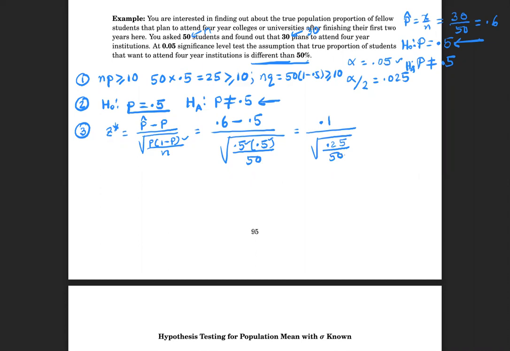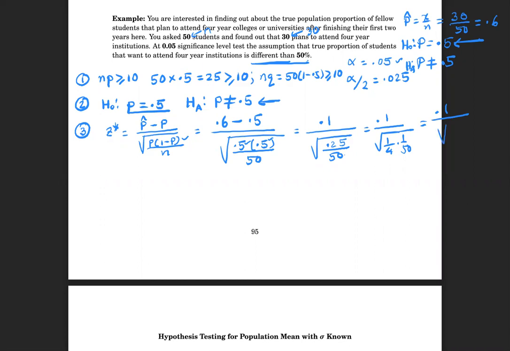Which I can even simplify further. 0.1 divided by the square root of 0.25, which is 1/4, times 1 over 50. You don't have to do it this way. I'm just doing it for the sake of doing it. I don't want to use the calculator until the end.